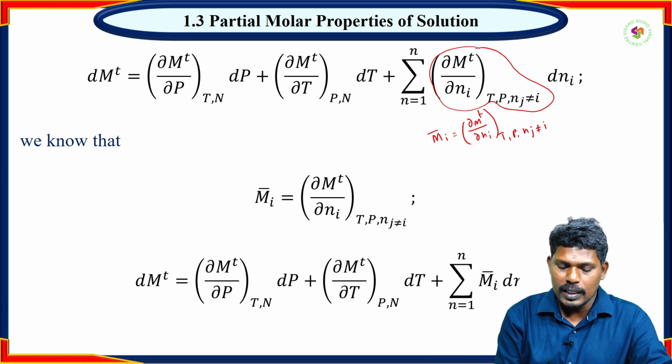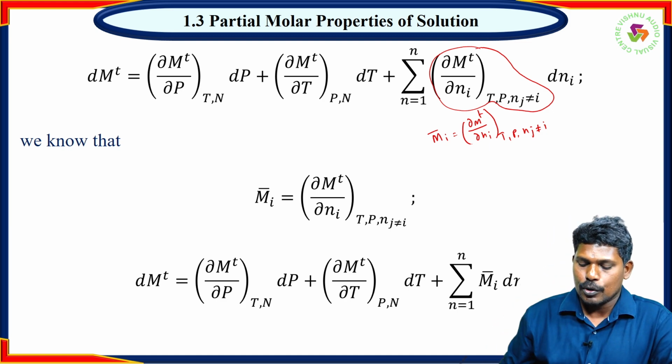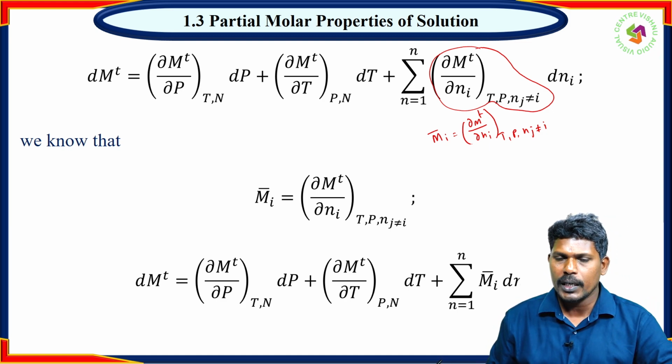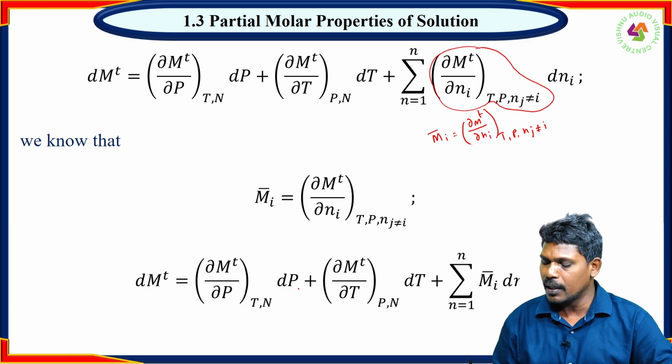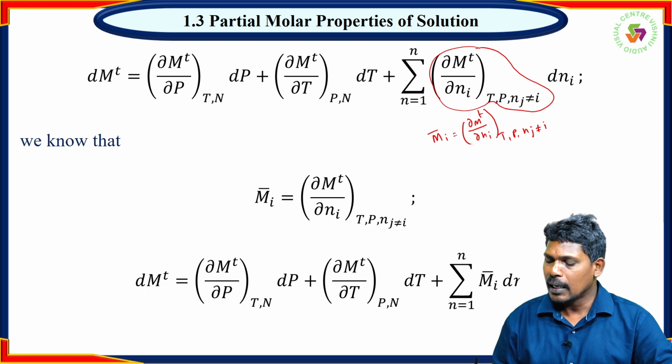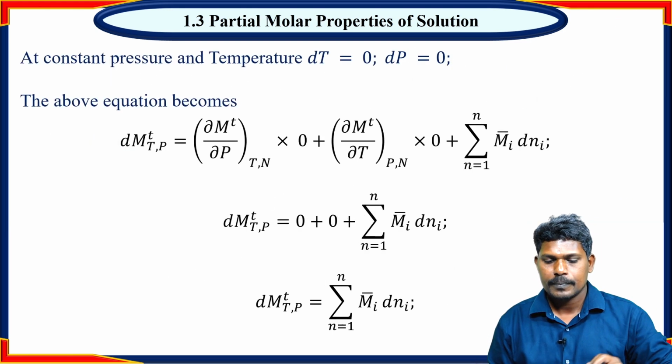Substitute that, so dMt is equal to ∂Mt/∂P at T, n into dP, plus the remaining everything is the same here, the summation from i equal to 1 to n of M̄i into dNi. So that we get.